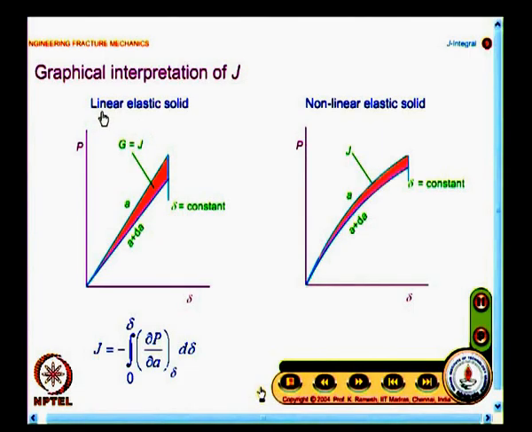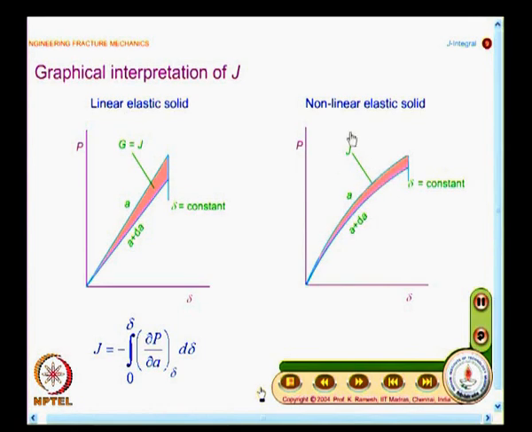You could extend this for non-linear elastic solid. Here the force displacement relationship is not linear, it is non-linear in this fashion, and the crack extends by a small amount delta a, and this shaded area can be interpreted as J. So, the advantage of J is it is applicable for non-linear elastic solids too.